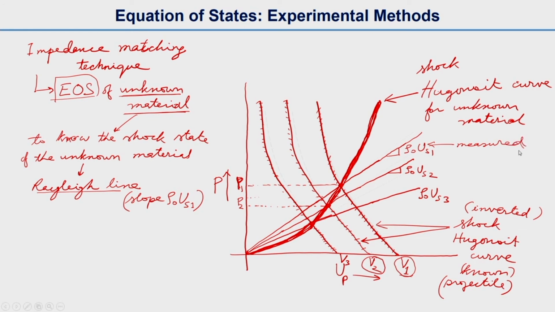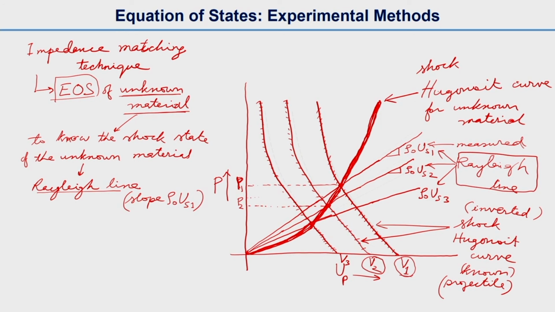Density we know for the unknown material, but what we do not know is the equation of state. So, here I should write Rayleigh line. So, these three are Rayleigh lines.